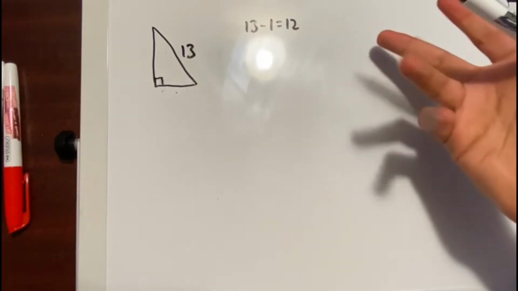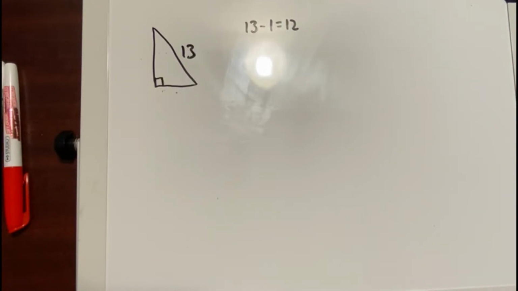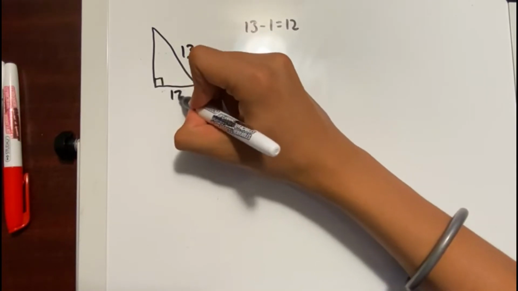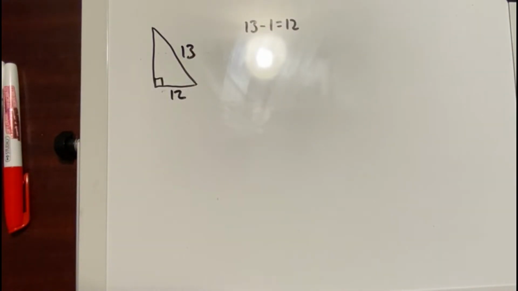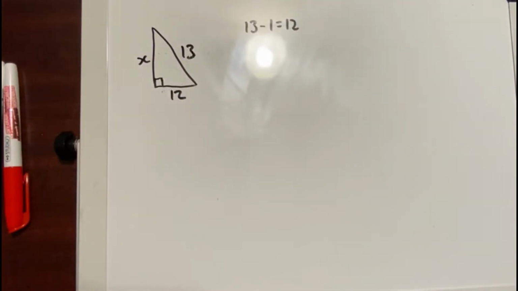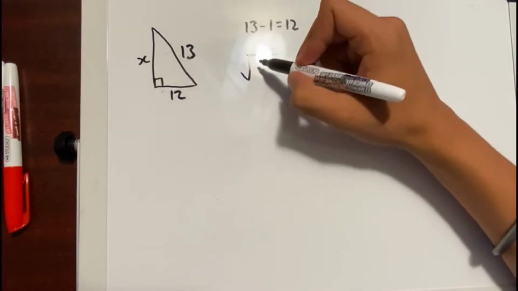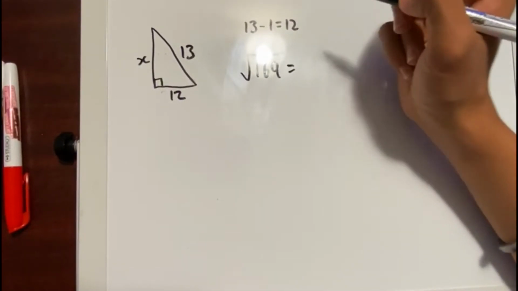Now you can make a connection with this to the last part to the trick. So then we have one of the legs, and after you have that, this is the last one, so we're going to solve for x here. So the last part is just solving for x.